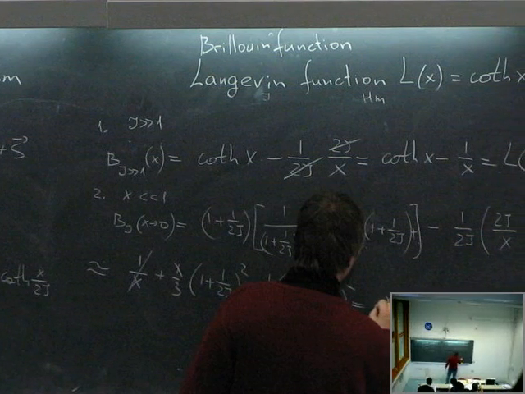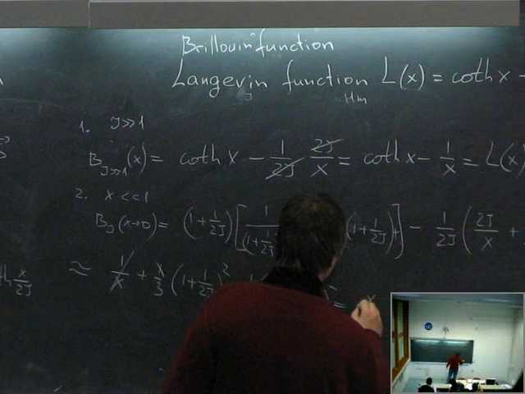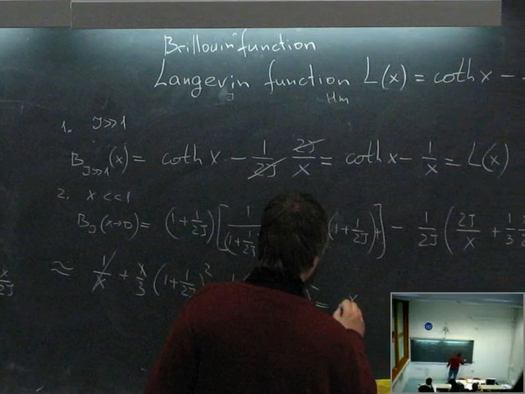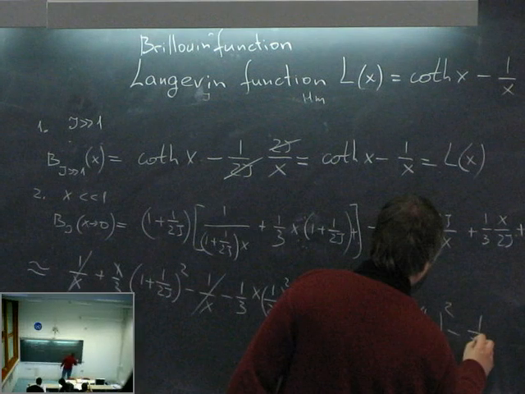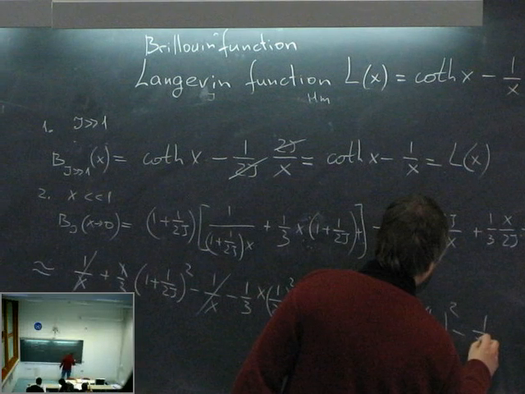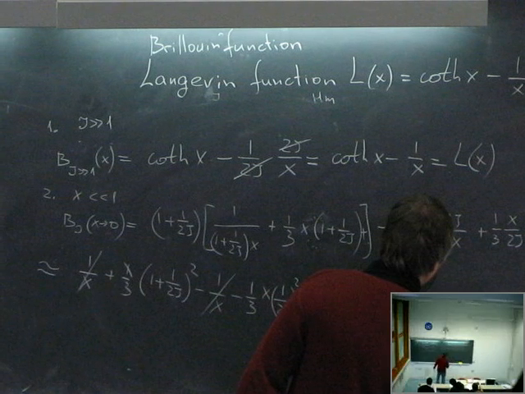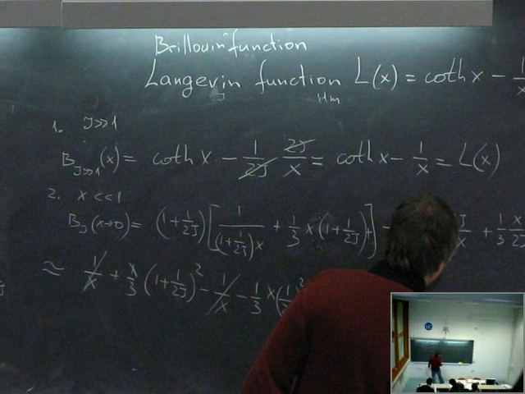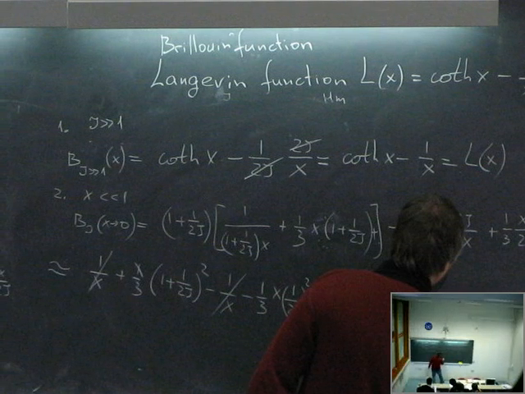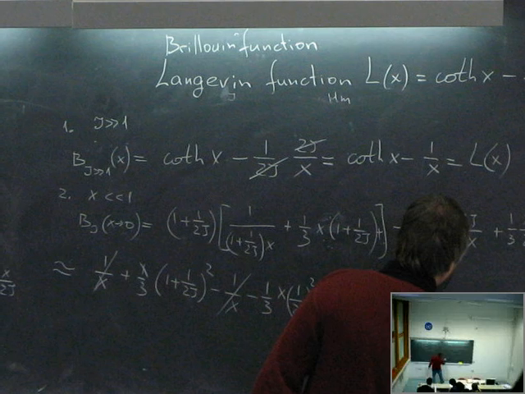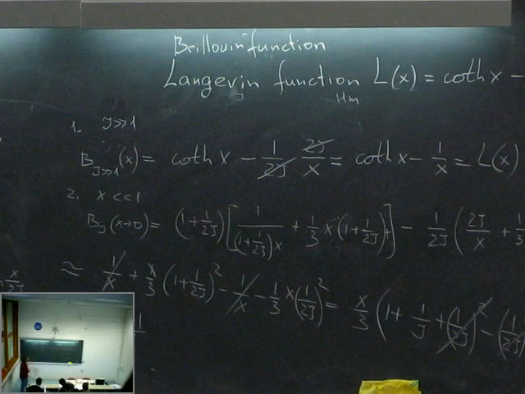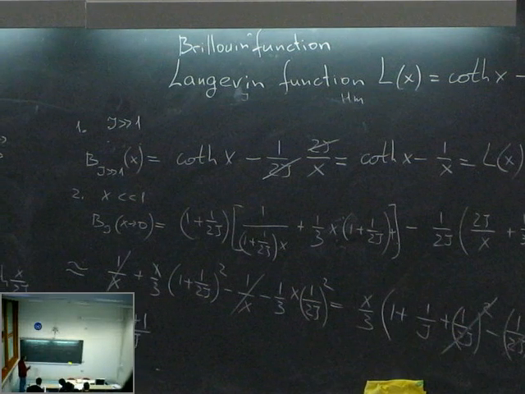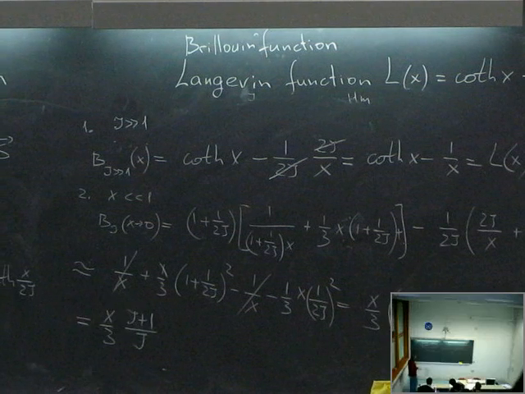It's 1 plus 1 over j plus 1 over (2j) squared minus 1 over (2j) squared. For small x, it is equal to x over 3 times (j + 1) over j. This is important since we will be calculating susceptibility in a few seconds.